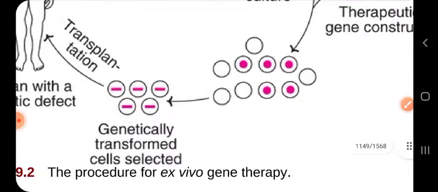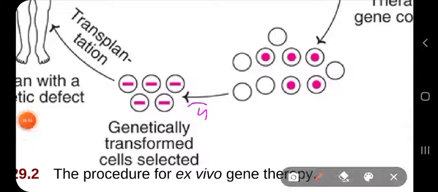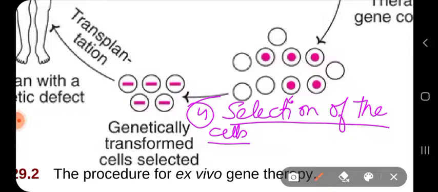The fourth point is selection of the cells that have the therapeutic gene properly inserted and expressed. For selection we use various techniques.